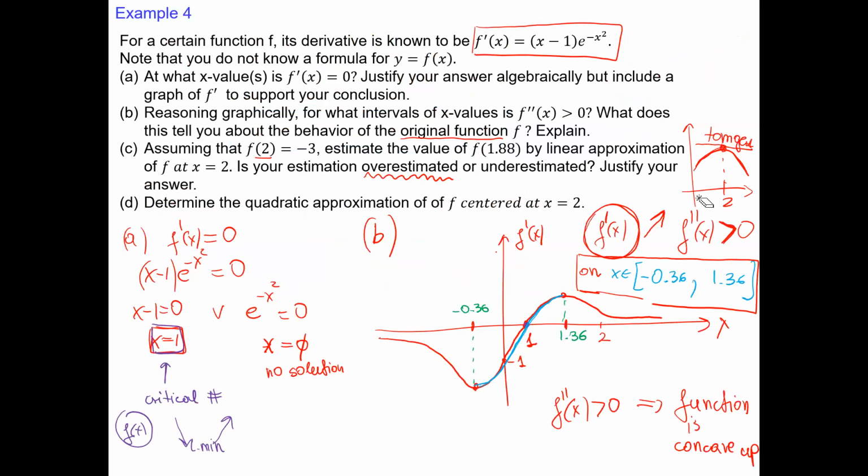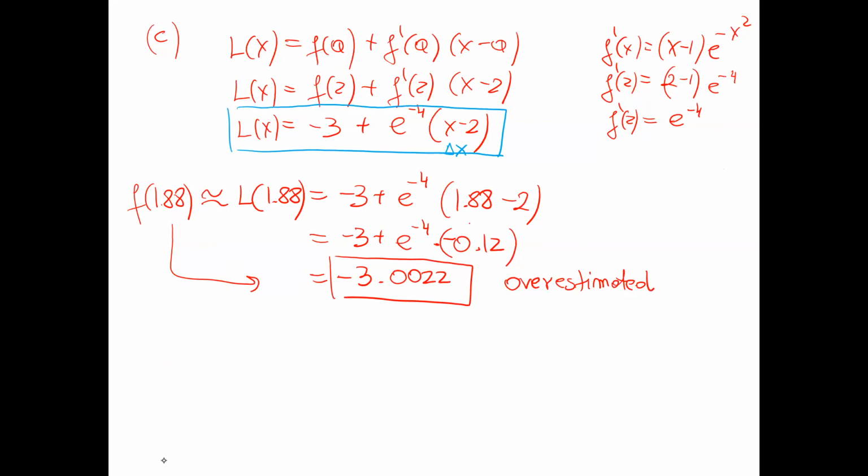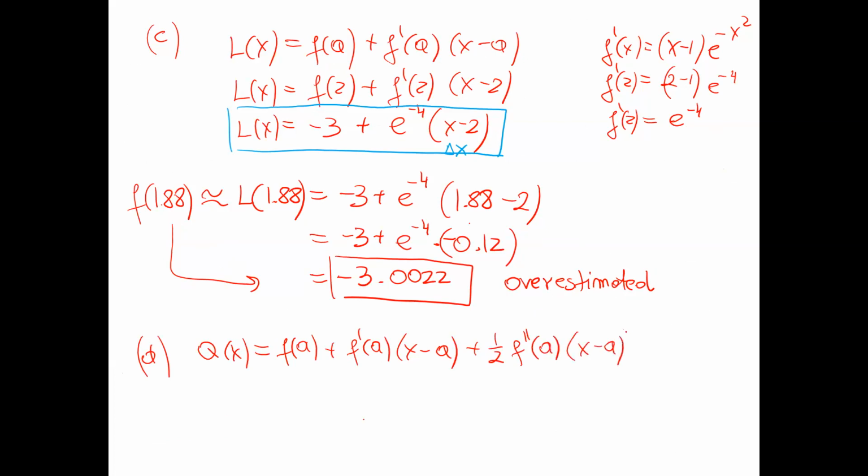Linearization done, and part D is the quadratic approximation. We're supposed to just practice quadratic, but we also practice additional things which are really important. Let's see quadratic. I can say linearization, but let's do the formula: f of a plus f prime at a times x minus a, plus 1/2 second derivative at a times x minus a squared.